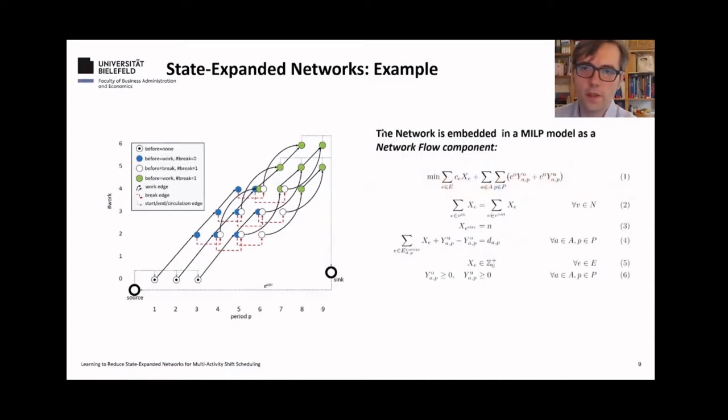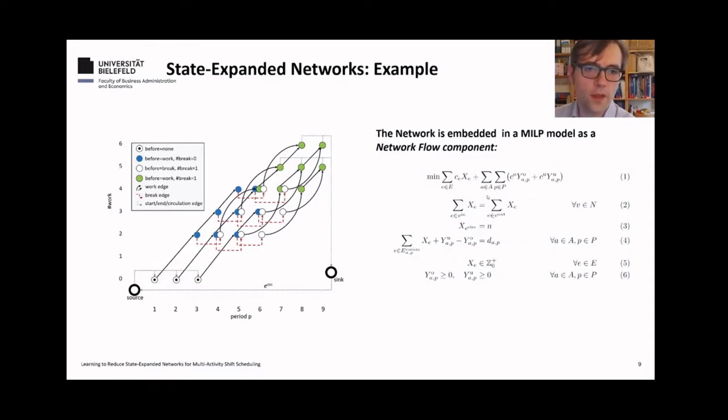So this is the mixed integer linear programming formulation based on state expanded networks. And as you may observe here, the flow variable x in the network is an integer variable. It's not a binary variable, since the number of flow units through this network corresponds to the number of shifts which will be constructed. The central part of this model are the flow balance constraints.